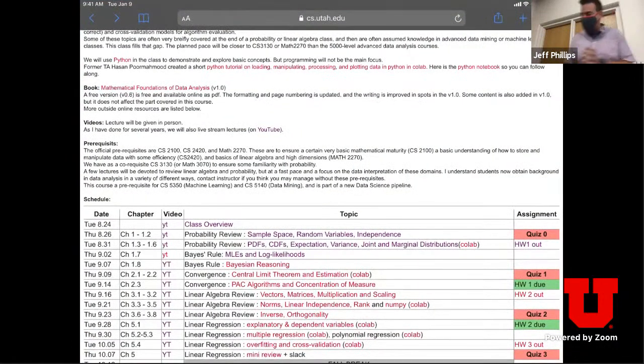So let's see. We are in week 3 of this course, and we are finishing up the 2 parts on Bayes' rule. We'll be talking about what Bayes' rule is and how we apply it when we have data.